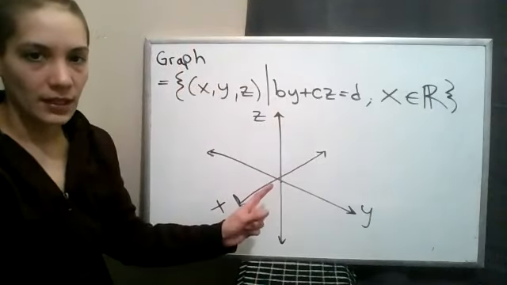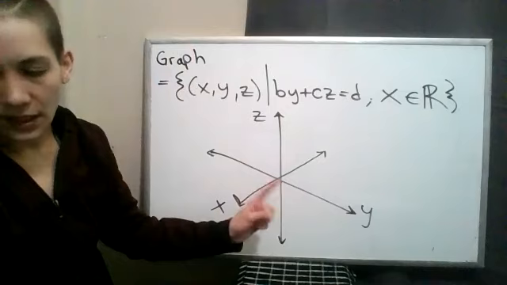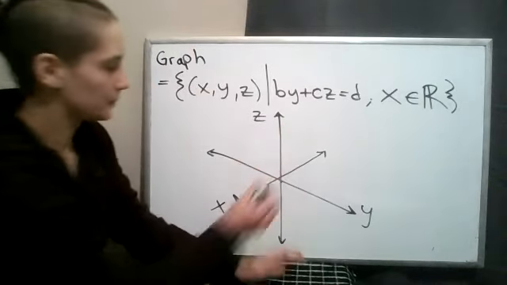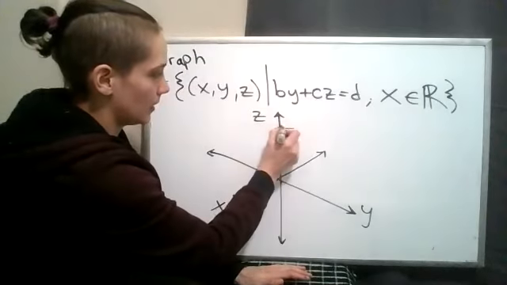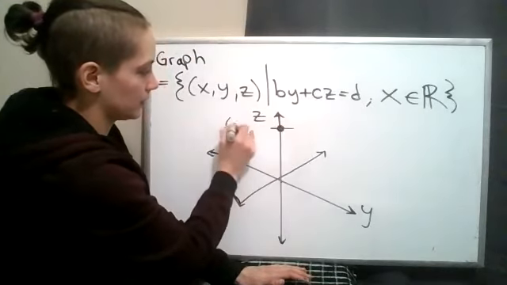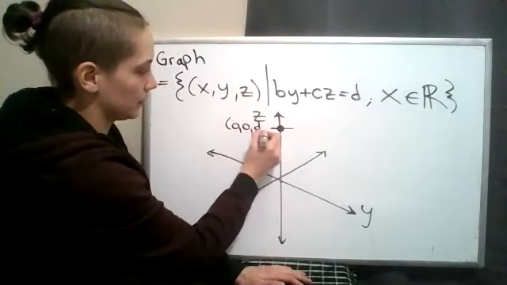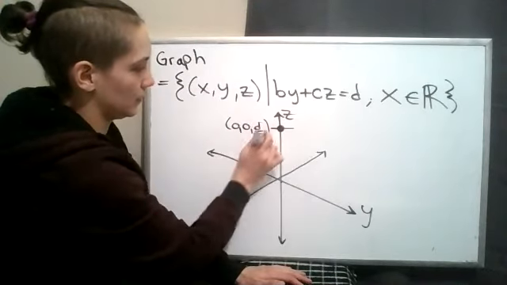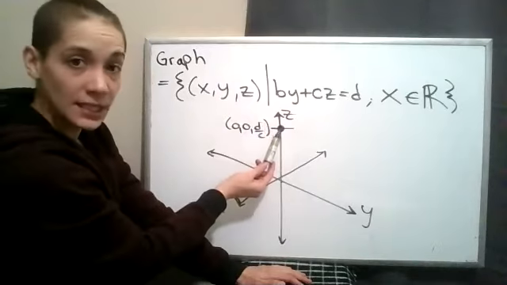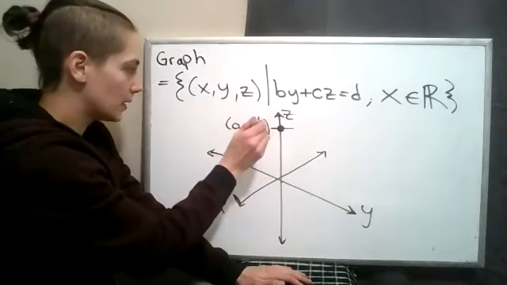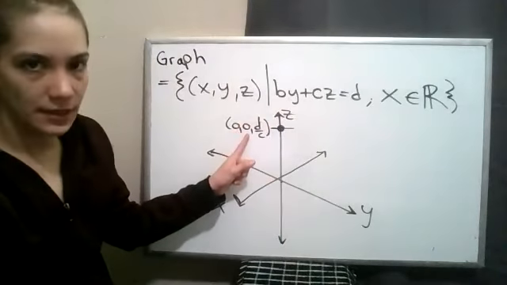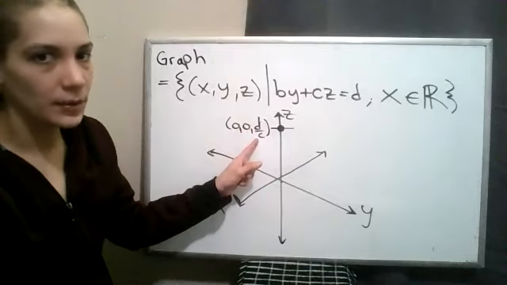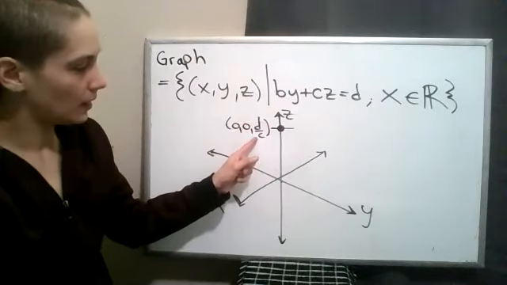Okay, we want to plot (0, 0, d/c), right here. That's a z-intercept. x is 0, y is 0, z would equal d/c.